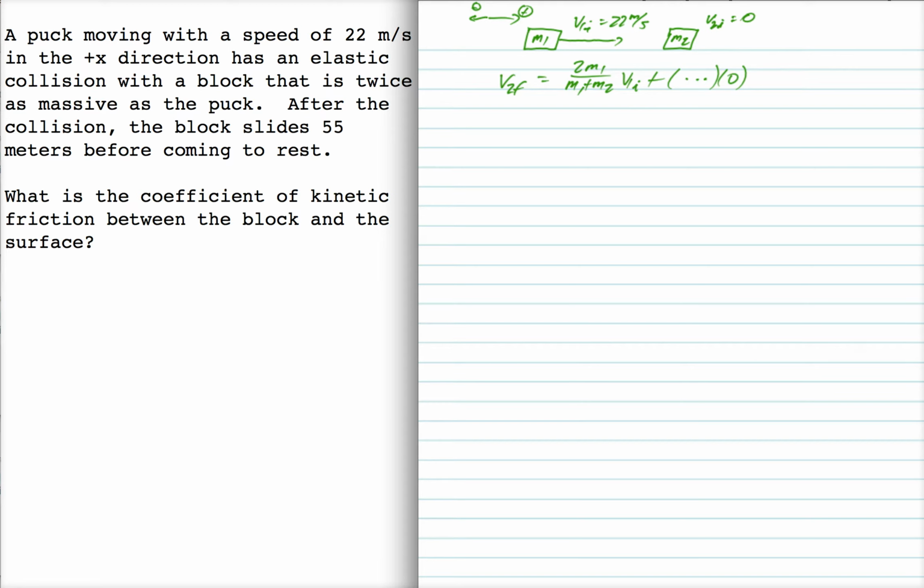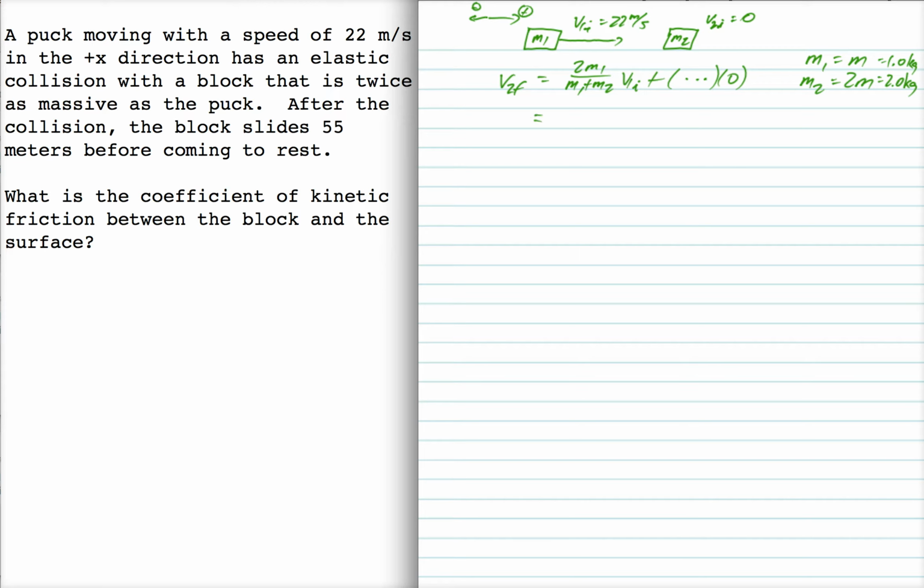Now, we're not given either mass, but we are told that if M1 is m, then M2 is 2m. We're told that M2 is twice as massive as M1. So if you wanted to, for example, say that M1 is equal to 1 kilogram and M2 is equal to 2 kilograms, then that would work. I prefer leaving it as just m, but it really is up to you.